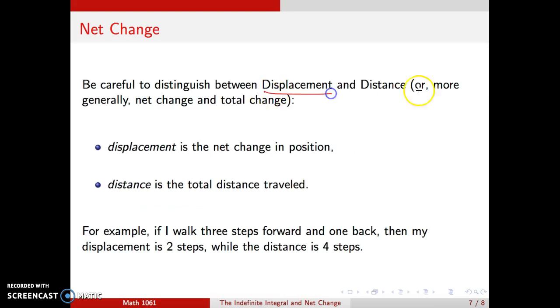We want to distinguish between displacement and distance. Displacement is the net change, and distance is the total change. As a silly example, if I go 3 steps forward and 1 step back, then the displacement, or net change, is 2 steps in the forward direction, while the total distance traveled would be 4 steps, 3 forward plus the 1 back.